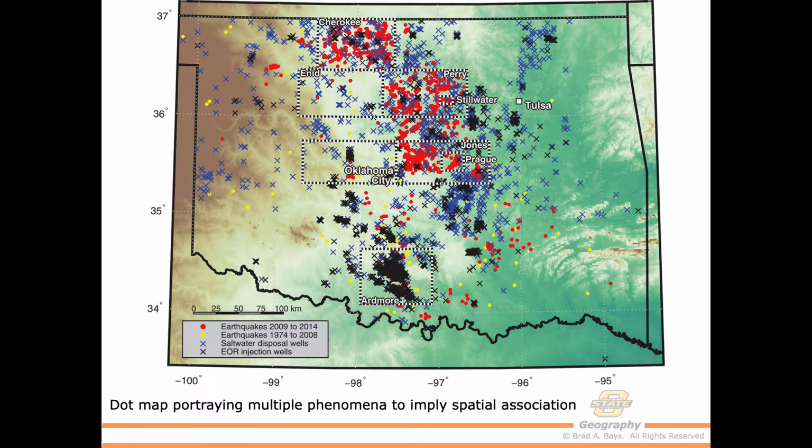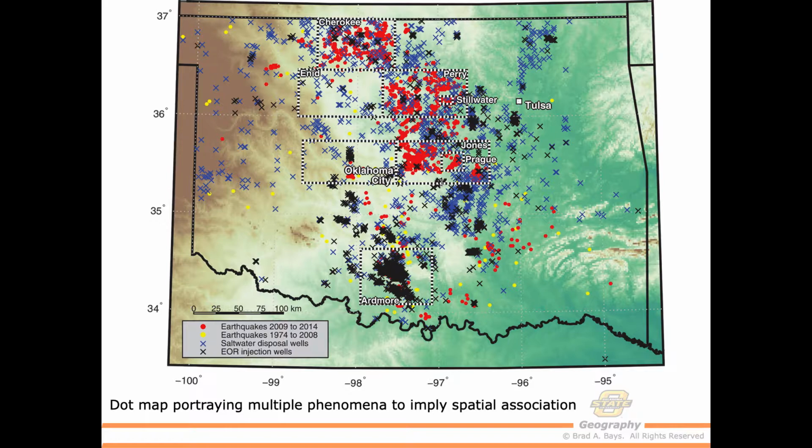This is a base map that's not that great. We shouldn't have probably done that. But the distributions I want you to look at, first of all, the yellow dots. The yellow dots are the tremors that occurred over that period from 1974 to 2008. Fairly long time span, 34 years, right?